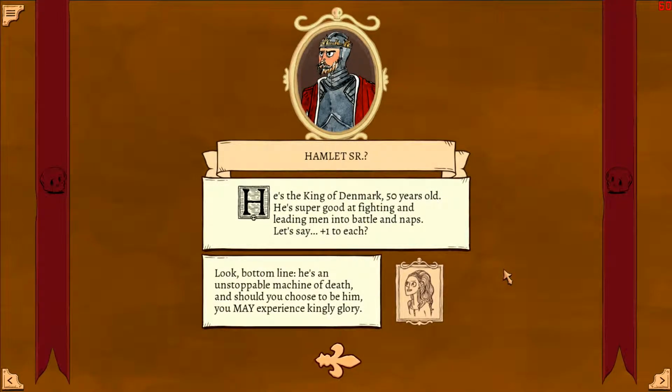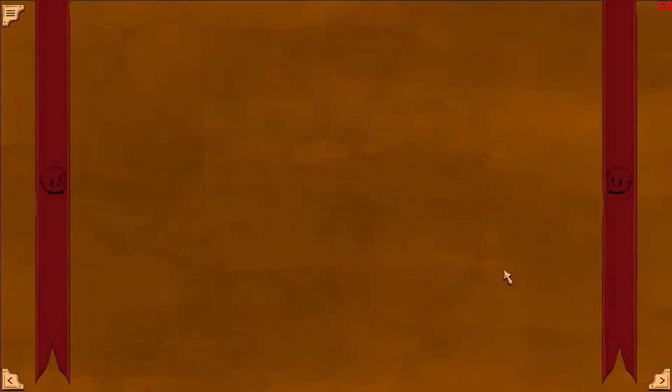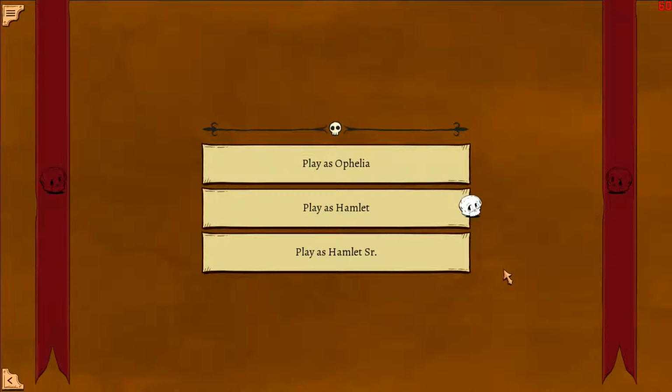Hamlet Sr.? He's a king of Denmark, 50 years old. He's super good at fighting and leading men into battle and naps. Let's say +1 to each? Look, bottom line, he's an unstoppable machine of death, and should you choose to be him, you may experience kingly glory. Play as Ophelia. Play as Hamlet. Play as Hamlet Sr.